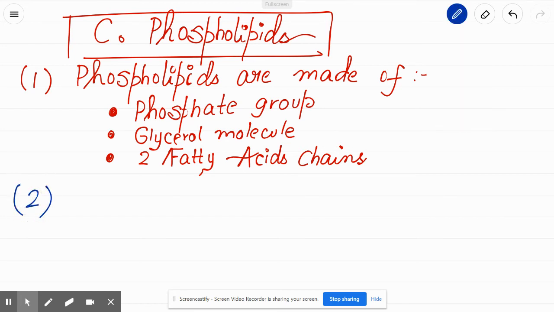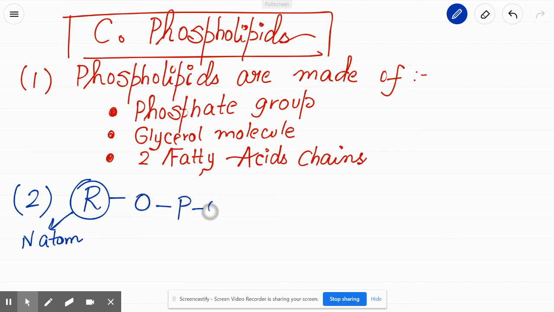All right, next point, we are going to look at the structural formula of a phospholipid. So the R here basically is, it will have a nitrogen atom, the remaining formula. And I'm showing you the phosphate group now, connected with a glycerol.